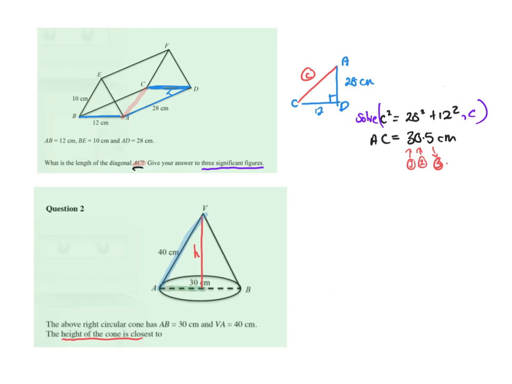Now they've said the whole diameter of the circle is 30, so that makes this bit 15. And you've got a right angle triangle in there. So you can use Pythag again. Remember, this is C, these are A, and this is B. So I could say 40 squared equals H squared plus 15 squared.